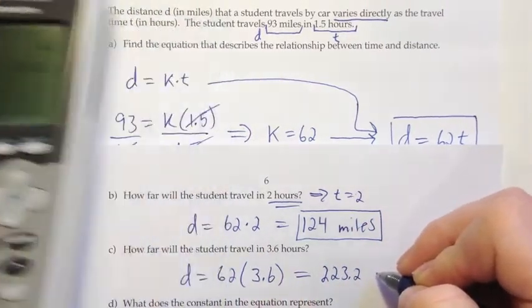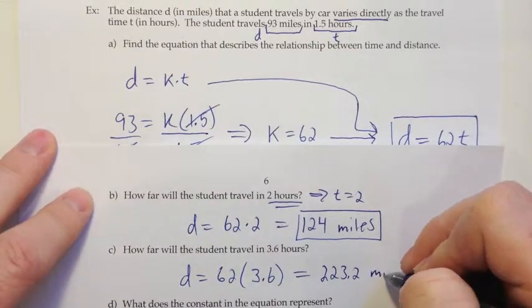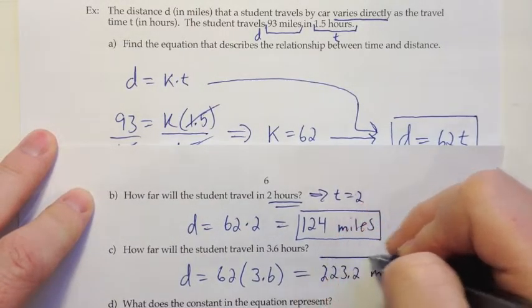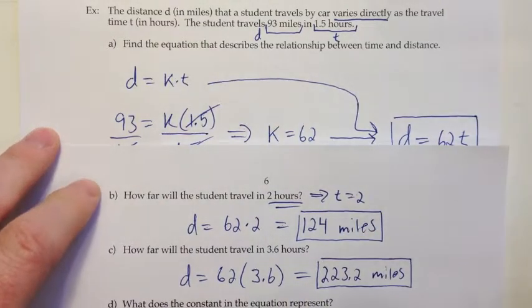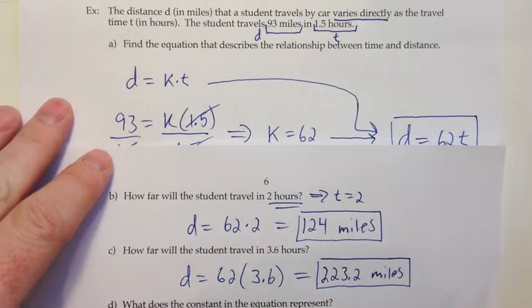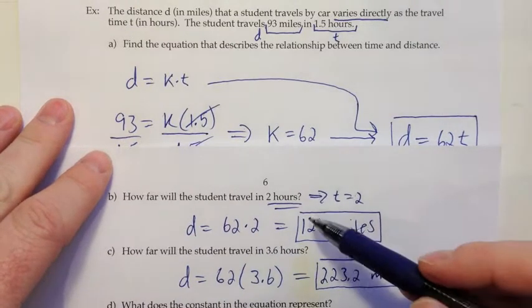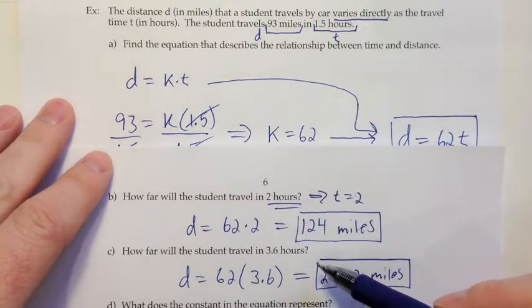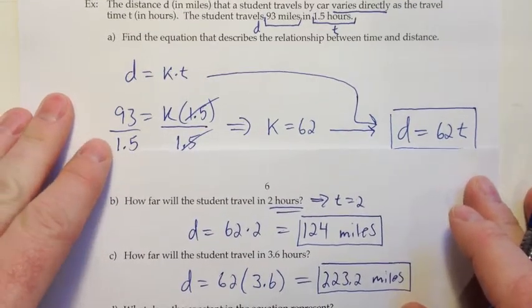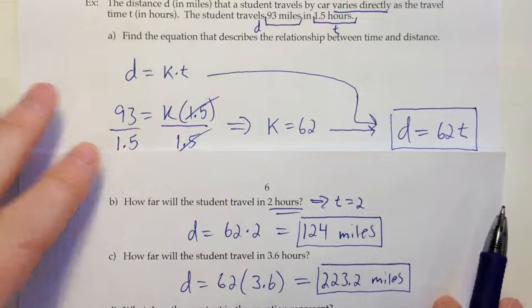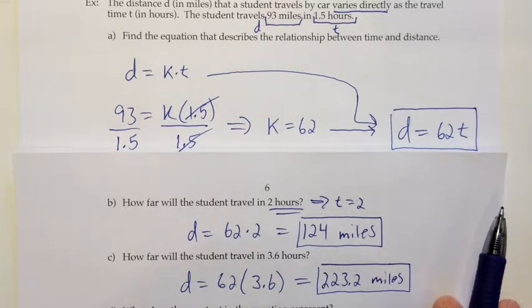That's still a distance, so that would still be a number of miles, so I'll put the units on there, and that finishes that off. This shows one of the advantages of having a variation equation rather than just doing work with proportions. If you're being asked more than one question to make more than one estimate, then it's nice to have the equation all set up so you can just quickly substitute into there and get answers without having to do the algebra again and again each time.